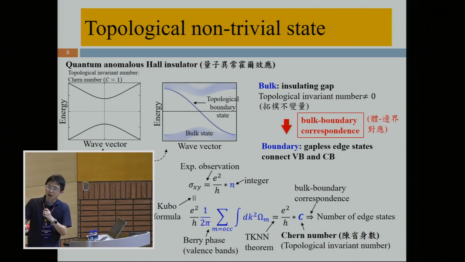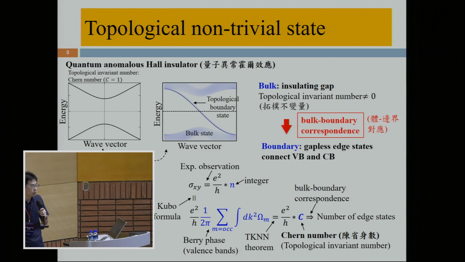Based on experimental observation, we know that the anomalous Hall conductivity sigma xy here is proportional to e squared over h and an integer number n. And by using the Kubo formula, we know that the Hall conductivity is derived from the geometrical phase of the valence electrons, here the Berry phase, and is proportional to an integer number C we call the Chern number, which is the topological invariant number.